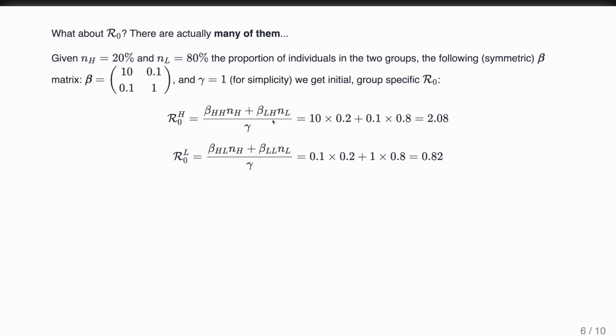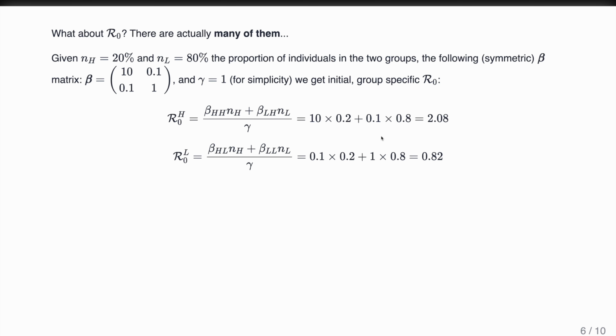And this is how we compute the R naughts for the two groups. The R naught is just the weighted average of the betas for each group. So the R naught for the high-risk group is just the weighted average of the betas adjusted by the numerosity of each target group. The same is done for the R naught in the low-risk group.